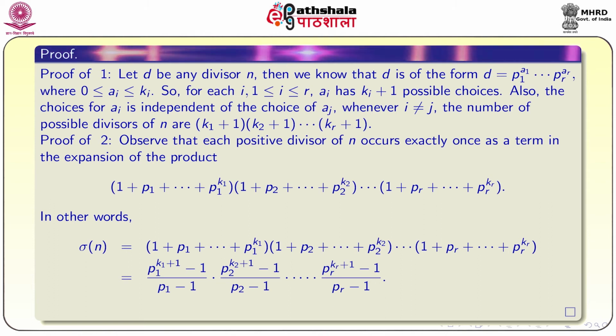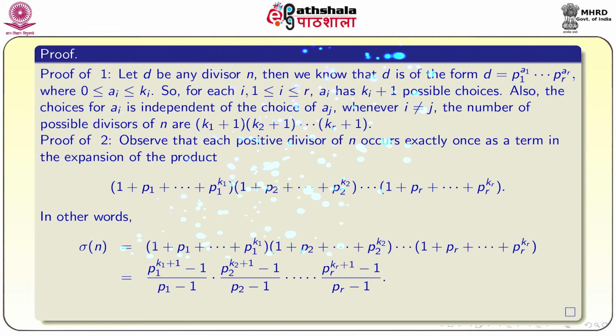We are going to first prove the first one, that is tau of n. Let D be any divisor of n. We know that D is of the form p1 power a1 into p2 power a2 and so on pr power ar, where 0 is less than or equal to ai is less than or equal to ki. So, for each i, 1 less than or equal to i less than or equal to r, ai has ki plus 1 possible choices.